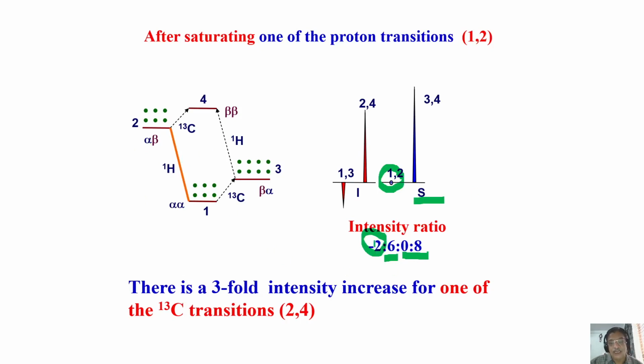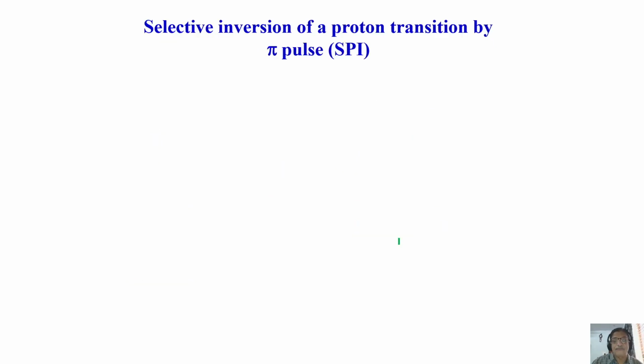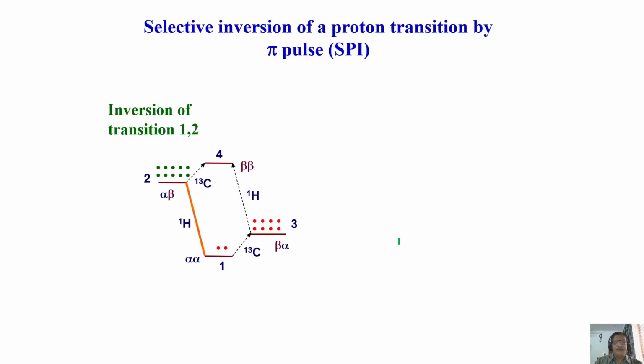Of course, one is negative in sign. We have not seen the enhancement up till now; we'll see later. For one component of the doublet, enhancement of the signal was seen. So let us see what selective inversion of a proton transition does in the heteronuclear case.